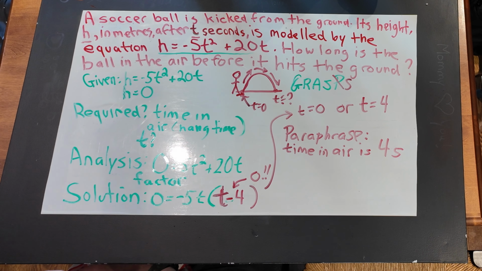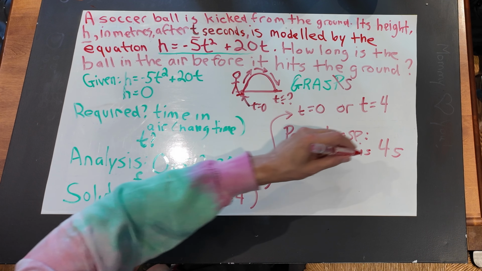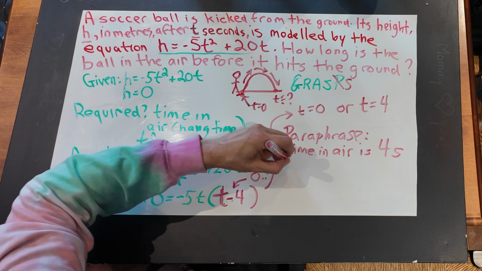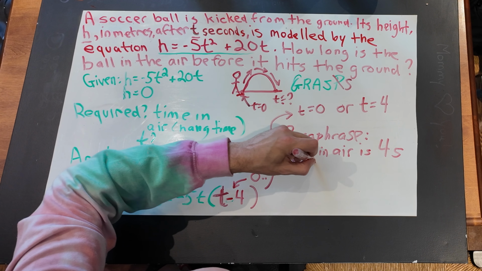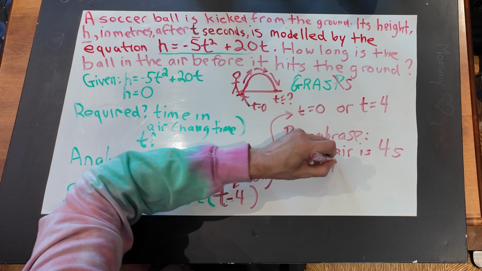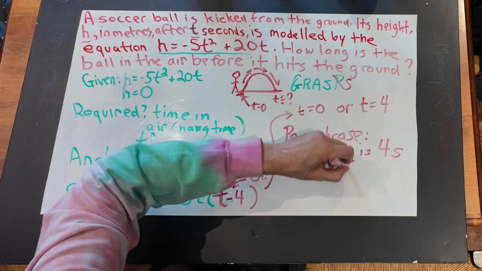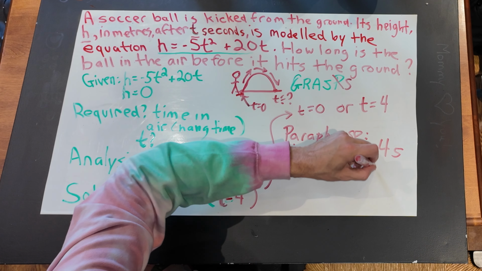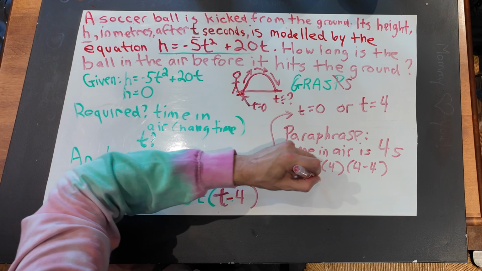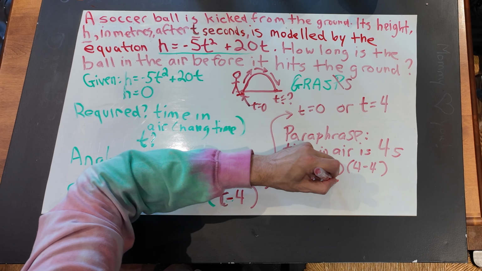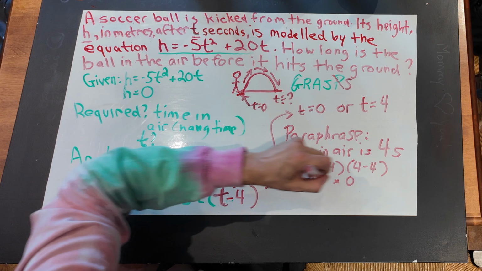And then I'm going to do a little trick. I'm going to plug this number back in here. And I'm going to go 0 equals -5 times 4 times 4 minus 4. And that's going to be -20 times 0.